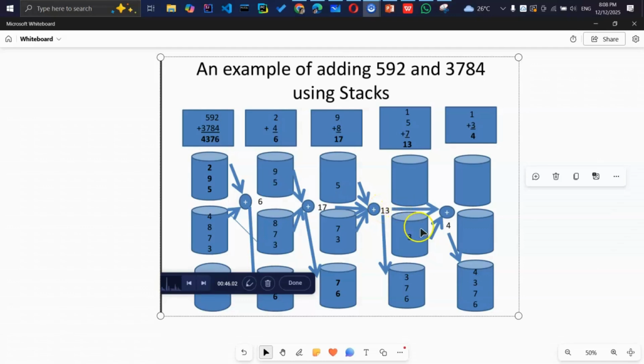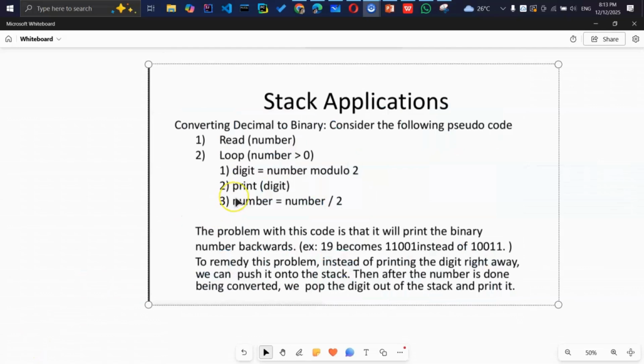Next, now you should add this 1 to this 3. It gives 4 and push onto the stack. This is the answer. You should read these things.